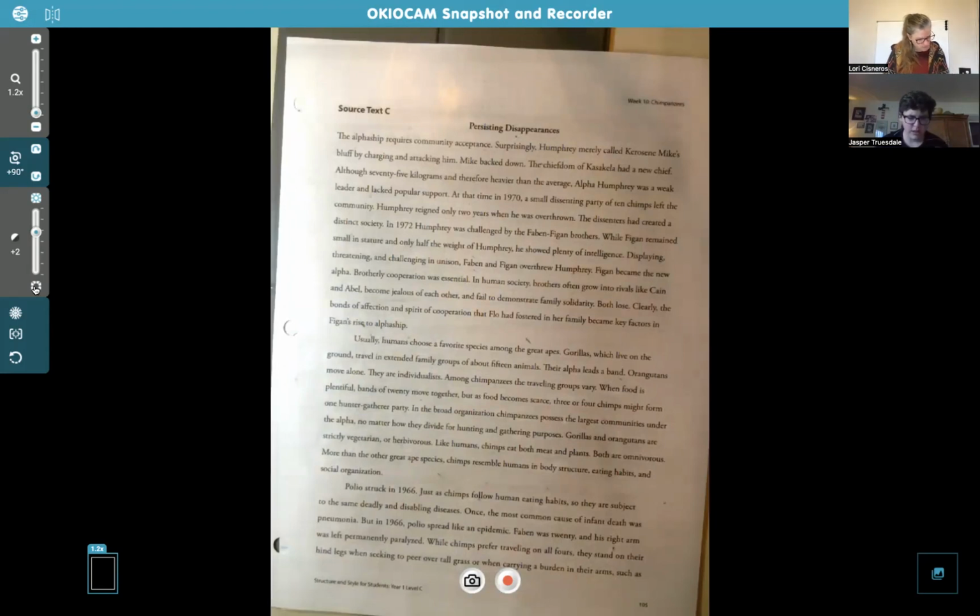I think cooperation, because the first one says it requires community acceptance, and the last one was clearly the bonds of affection and spirit of cooperation that Flo had fostered in her family became key factors in Biggins' rise to alphaship.